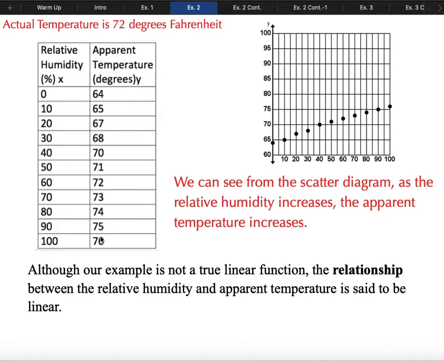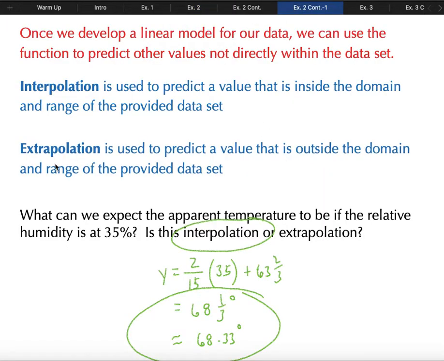So as long as we're trying to predict values within those intervals, then we would be interpolating. Okay. Now, extrapolation is predicting a value that's outside the domain and the range of the data set. So if we were trying to come up with any number that's not between 0 and 100%, which doesn't really apply here, that would be considered extrapolation.